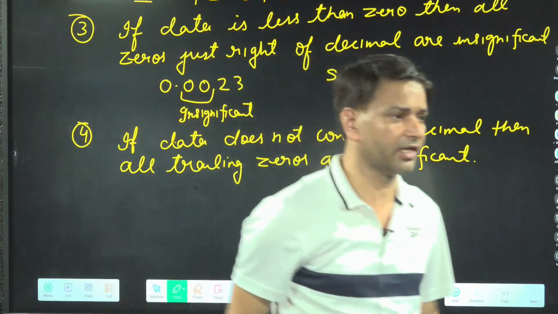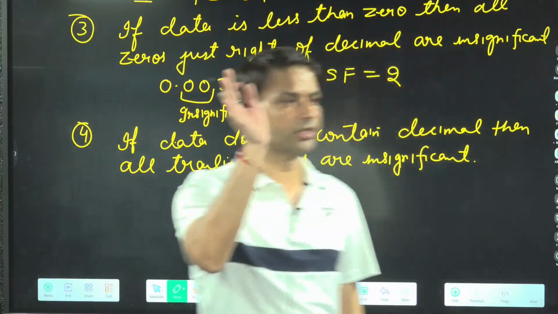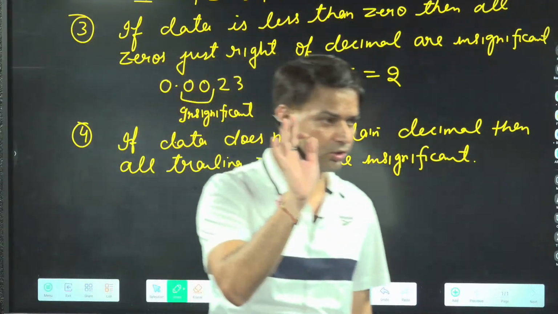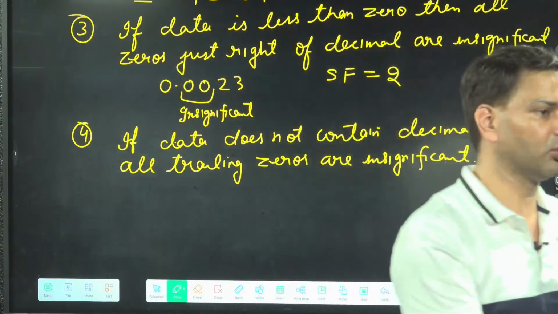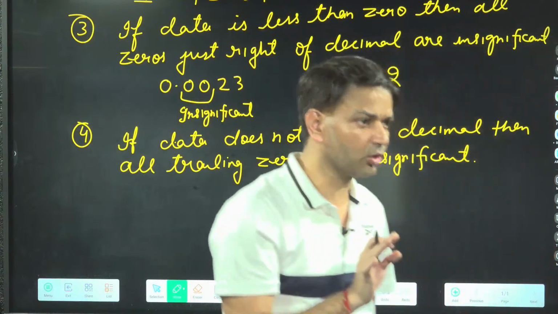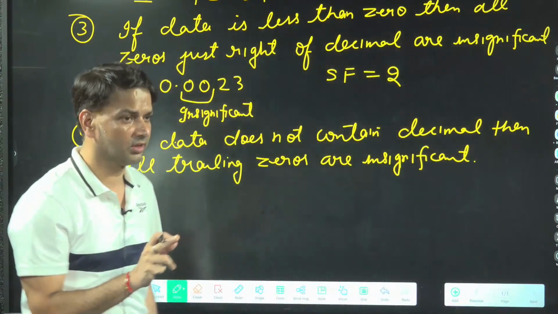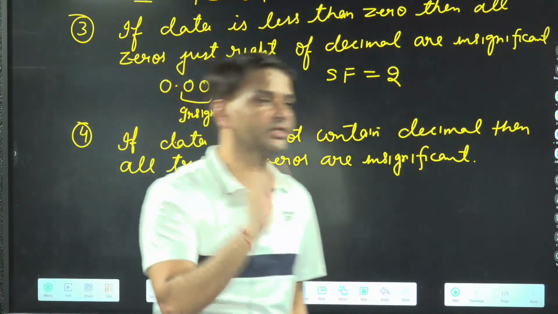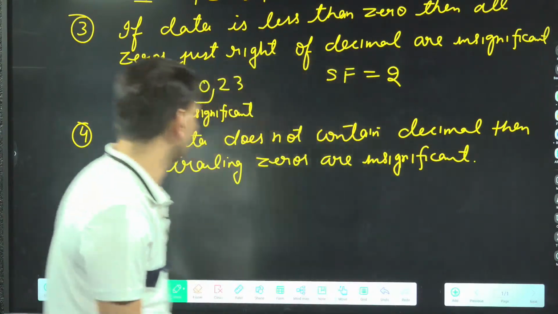What is the meaning of trailing zeros? These are the rightmost zeros, after which there are no non-zero digits. So those zeros are called trailing zeros.